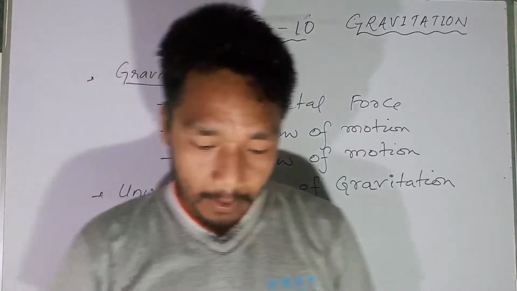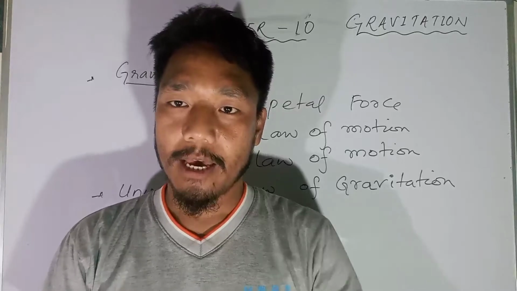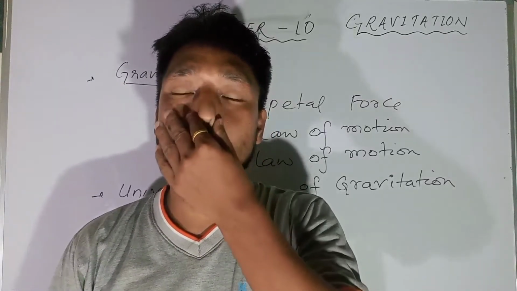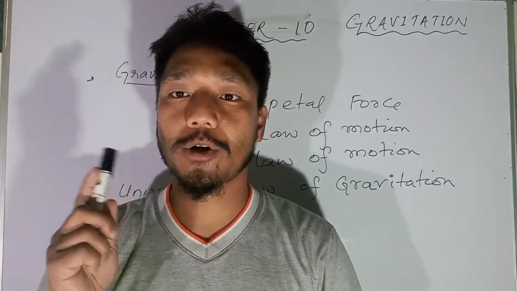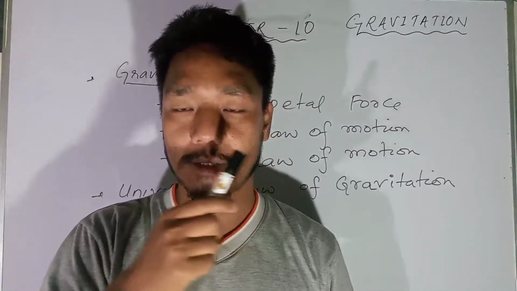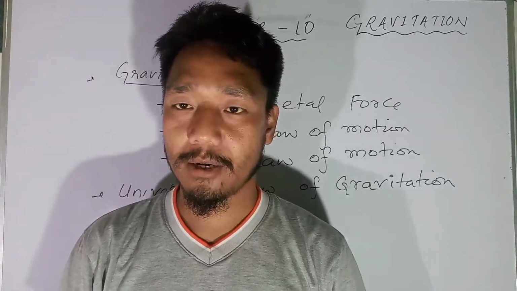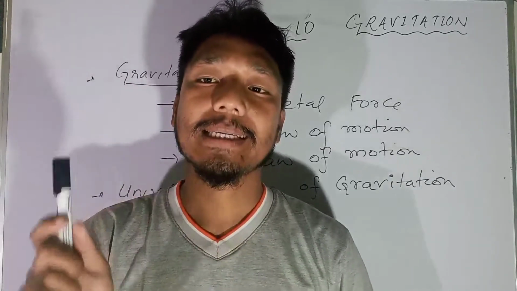The first idea was given by Isaac Newton. Many scientists had been wondering, right? You have heard that the planets are revolving around the sun. All the planets are revolving around the sun.